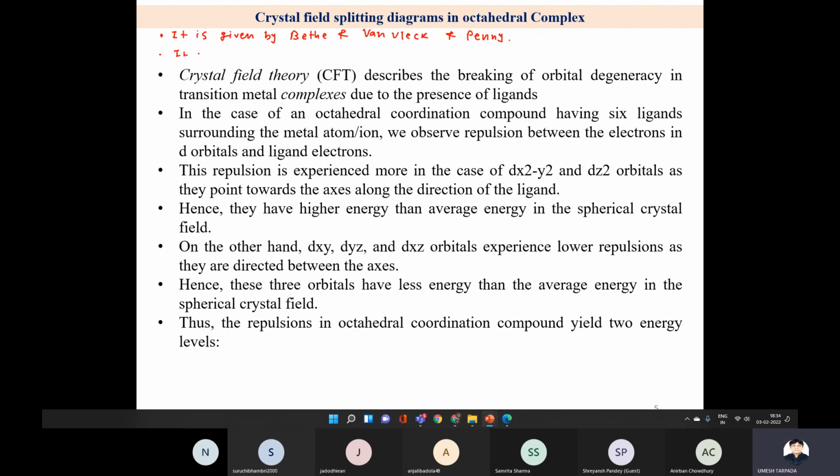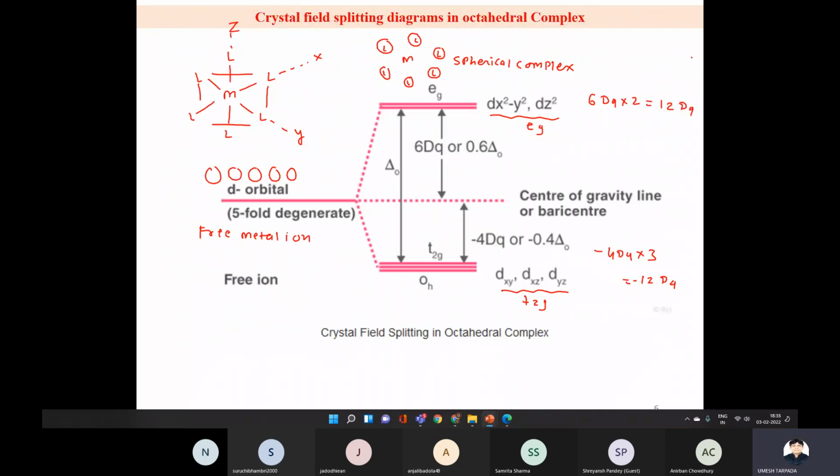So it is based on the electrostatic force of attraction between the central metal atom and ligands, and you get splitting of the various d orbitals.